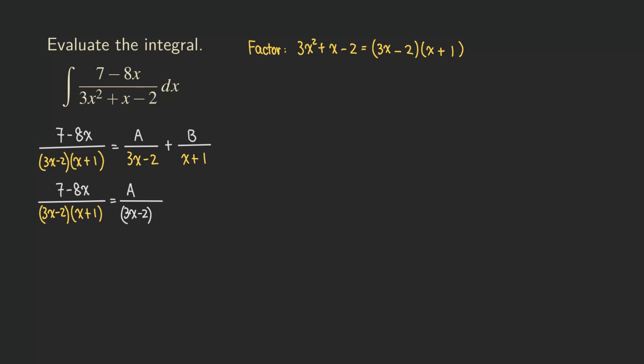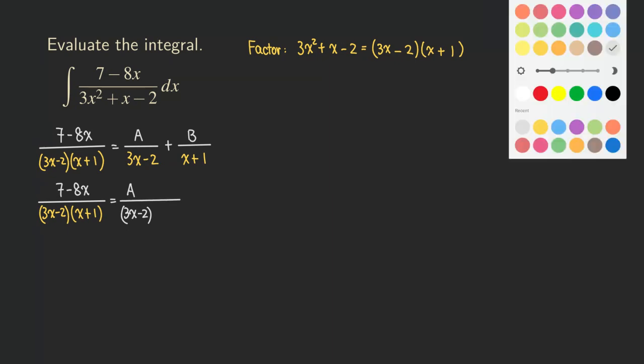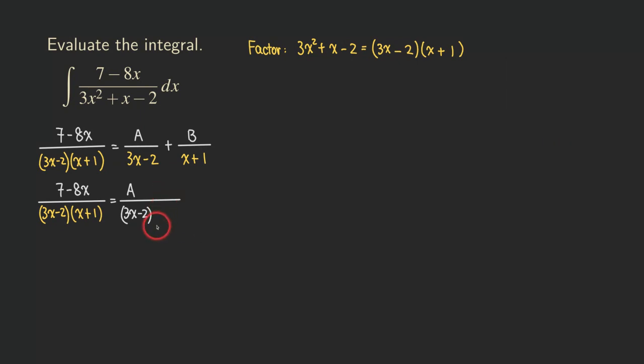Because we're trying to get the common denominator, we need to multiply the top and the bottom by whatever is missing from the least common denominator. We just need to multiply by x plus 1 so that we can turn our denominator into this. So multiply by x plus 1, and the same thing at the top so that we are not changing our fraction. And then we do it to the second fraction.